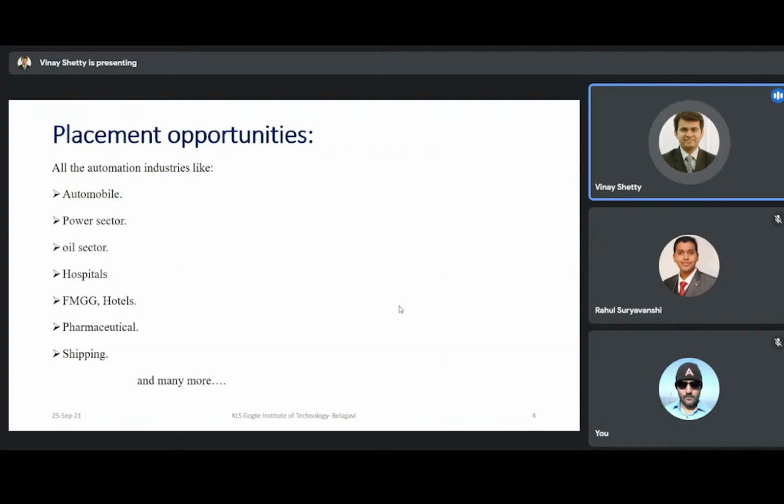Okay. Then what are the placement opportunities, right? See, as engineers, we think only, okay, we get a job with Java, C++ or COBOL, Python and all. But there is even a domain known as industrial automation. Basically the mechanical students, the electronic students, computer science, IS, all the branches, right? Automation is quite important in every industry. Okay.